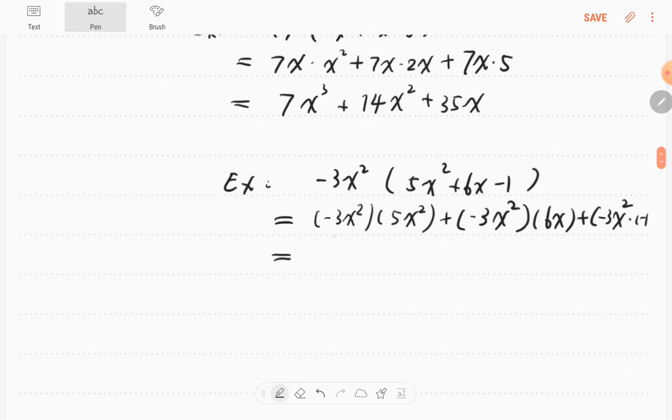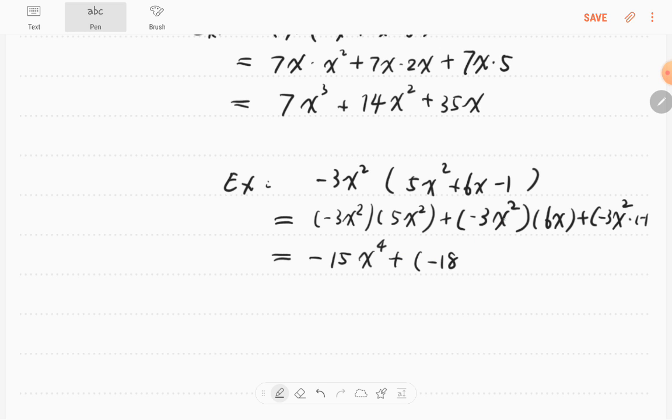After that, we could do the multiplication with monomial. We will get negative 15, negative 3 times 5 first, then x squared times x squared, so we will get x to the 4th. Okay, then we will plus negative 3 times positive 6, we will get negative 18.